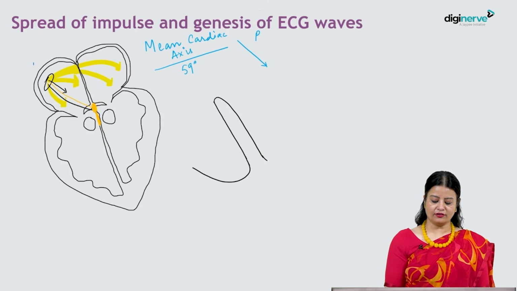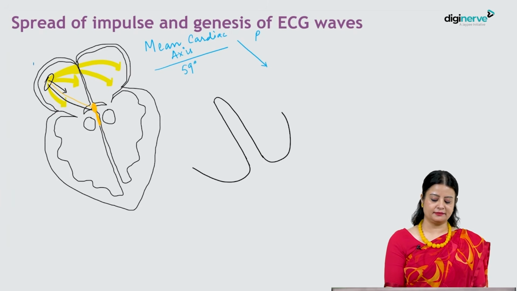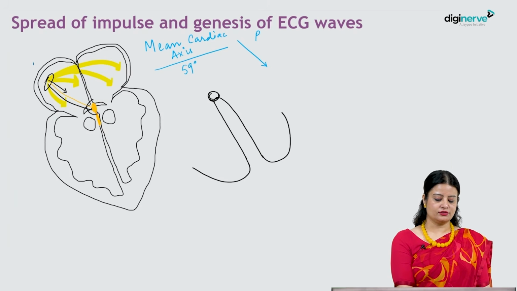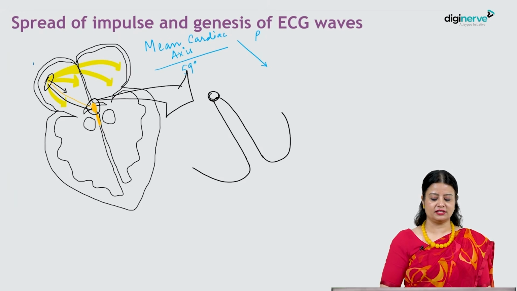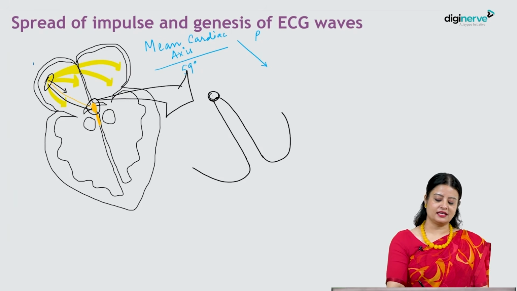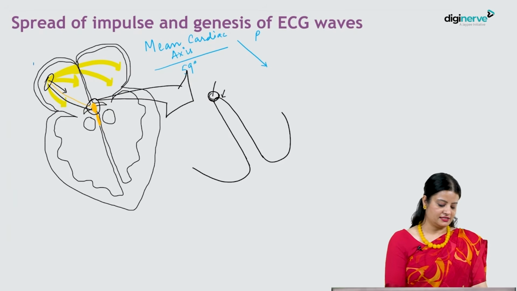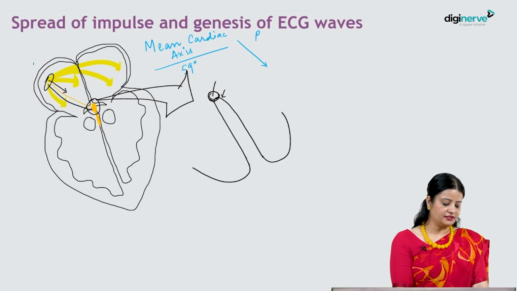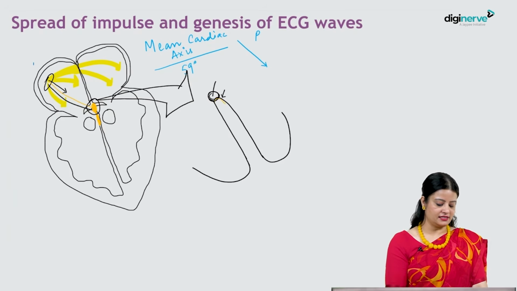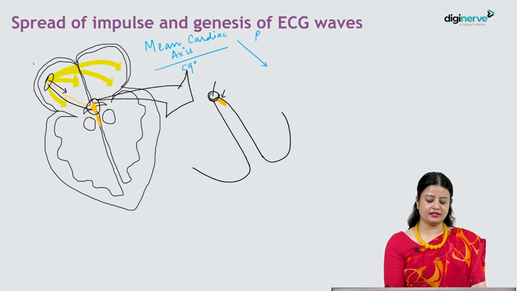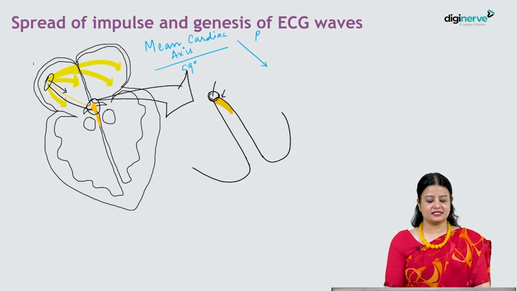Enlarging the view of the interventricular septum. So this is where the AV node is situated. So we are just giving an enlarged view of the interventricular septum here. This is the AV node and this forms the interventricular septum. So the first part to get depolarized is the left side of the interventricular septum.